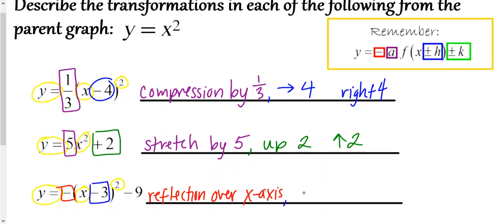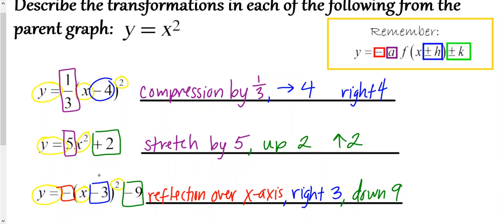So that means there is a horizontal shift. And since it's minus 3, that means this graph is going to the right 3. And then I also have a minus 9 at the very end, which means the graph is going to move down 9. So that last example had a lot. That had 3 transformations in it.